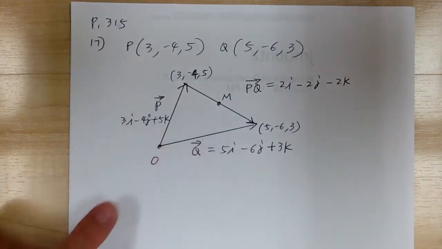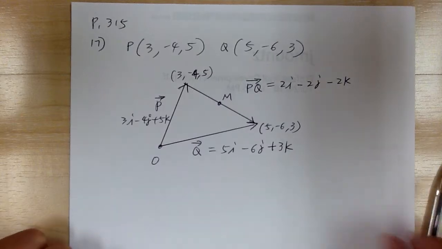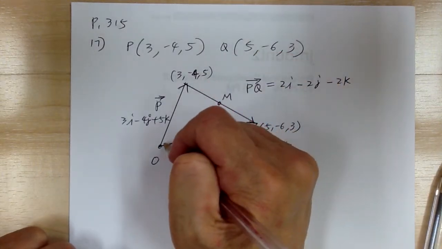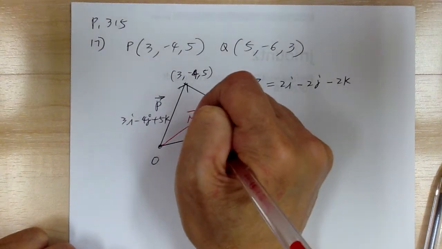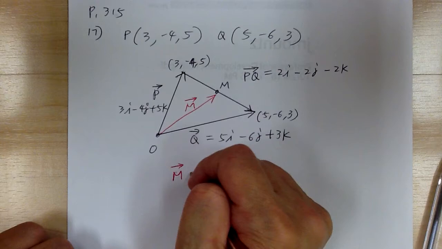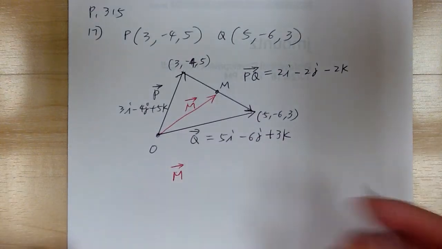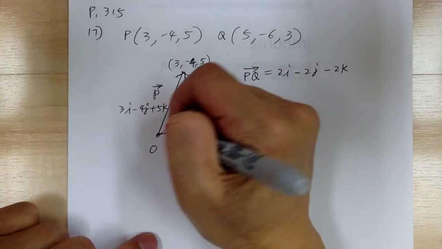Okay, so now let's go and find the midpoint. So again, the midpoint, imagine that this is a lake. So if you can fly over, this would be your vector M. This is your vector M, right? So your vector M is going to equal to, but since you cannot fly directly over, you have to follow the path along the lake.